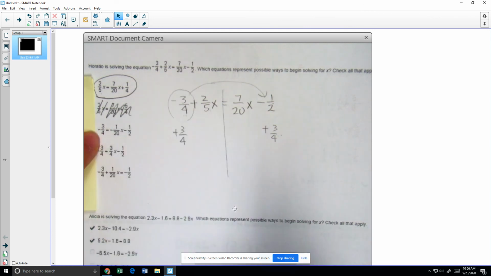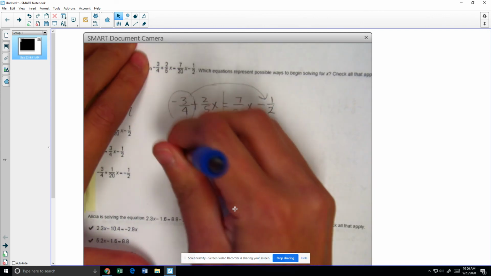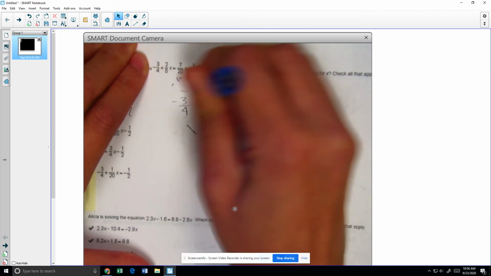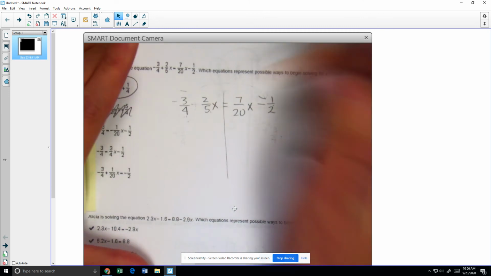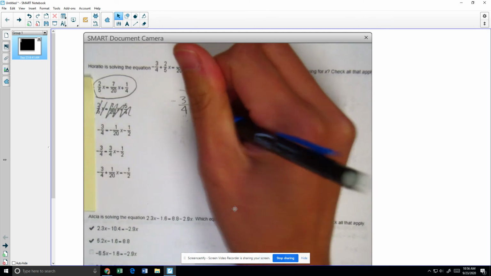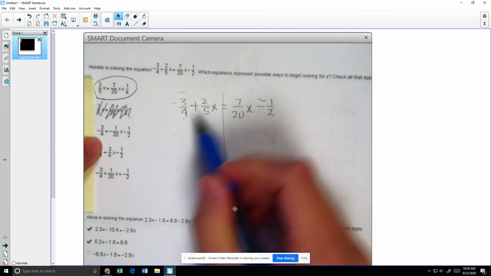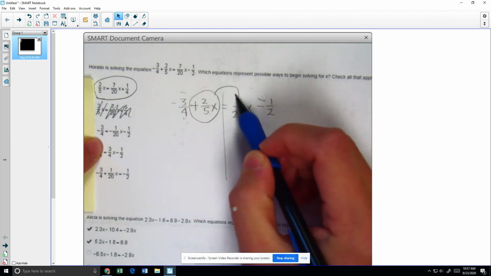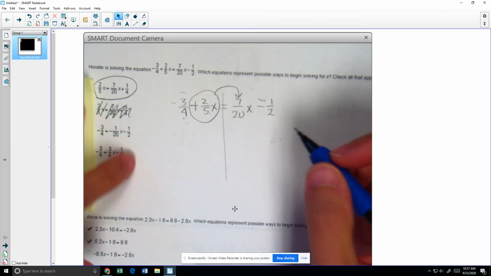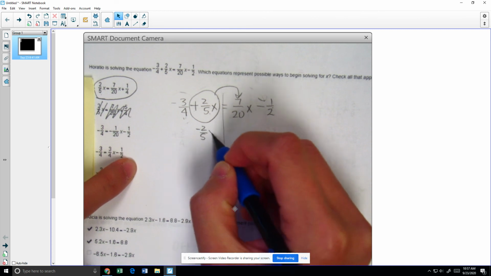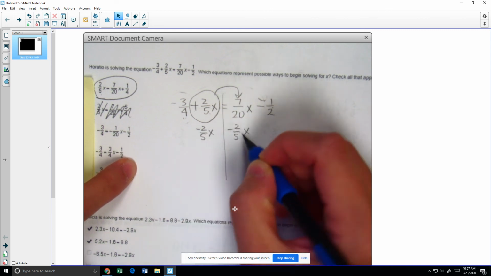Okay, this one, they're left over with -3/4. So it looks like here, what they did was, if I have -3/4 left, doesn't that mean that they moved the 2/5 over this way? So they subtracted 2/5 x on both sides.